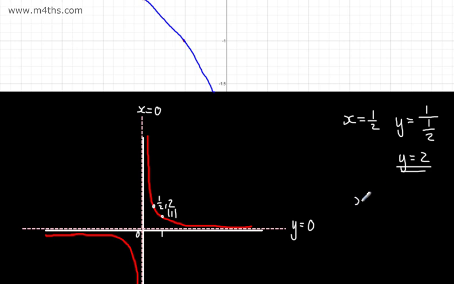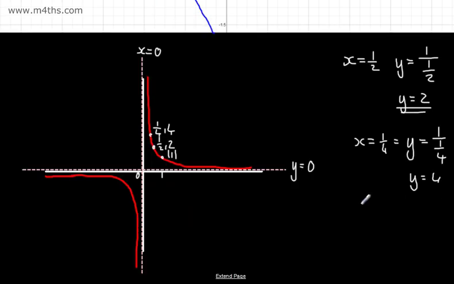If I took x is equal to 1/4, which is even smaller, it's closer to 0, y is going to be equal to 1 over 1/4, and y is going to be equal to 4. So we can see now that it's grown. So this point right here is going to be 1/4, comma 4. It's going to get bigger. So if you think about this, if it's 1/10, it's going to be 10.